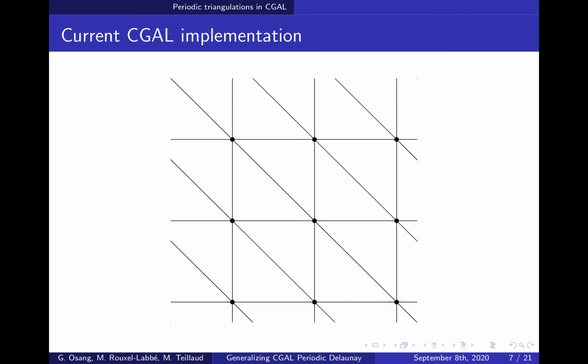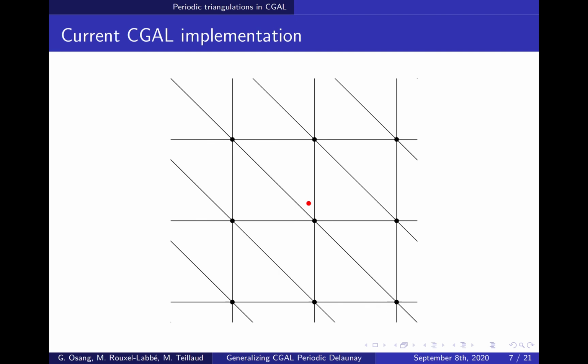So let me illustrate this. Let's say the user has inserted 1 single point so far, so the periodic triangulation data structure is initialized with this point and this triangulation. Now when the user wants to insert another point, we have to insert 9 copies, and we do this one by one.